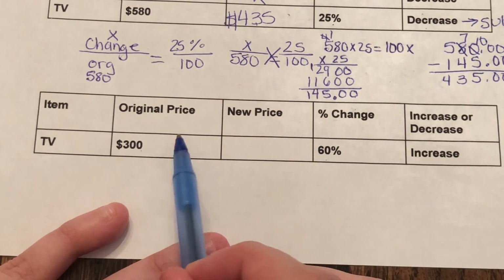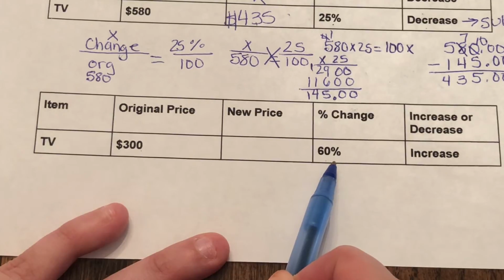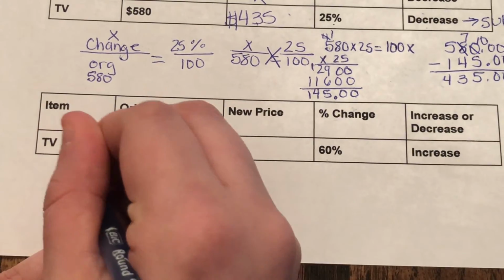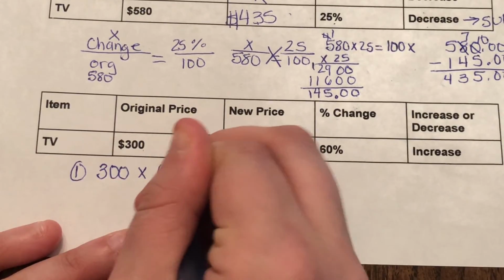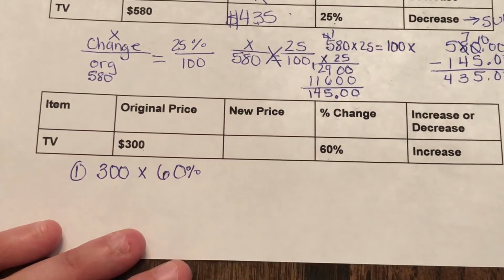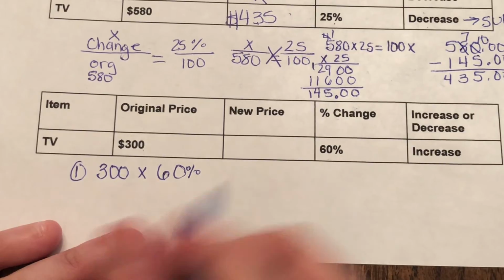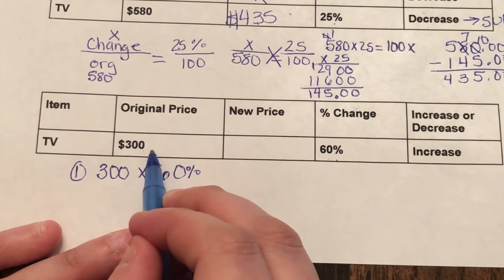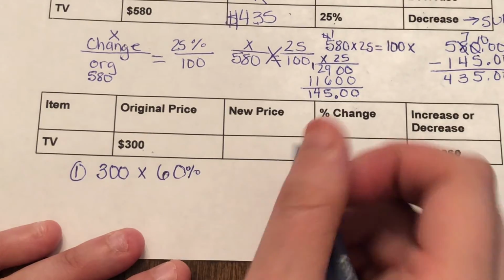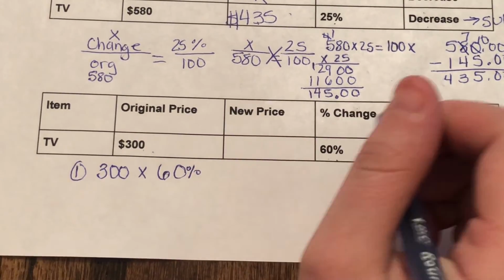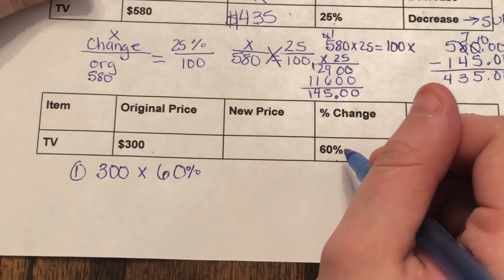the original price and multiply it by your percent of change. So your first step would be to multiply 300 times 60%, okay? 60% of 300, that is going to be what you're increasing your price by. Whenever we do this, we want to change our percent to a decimal.